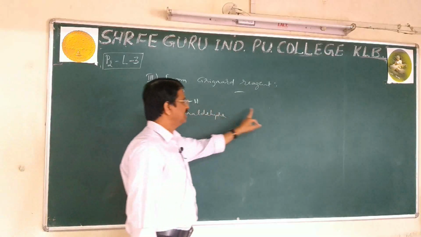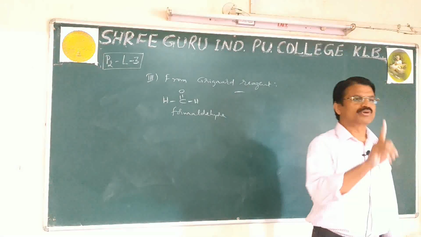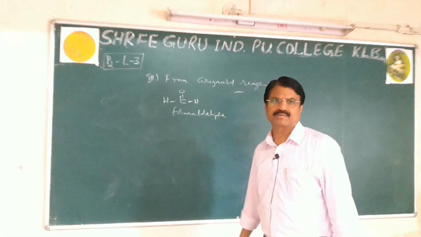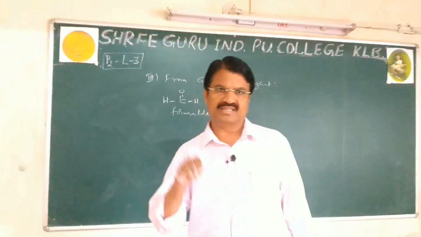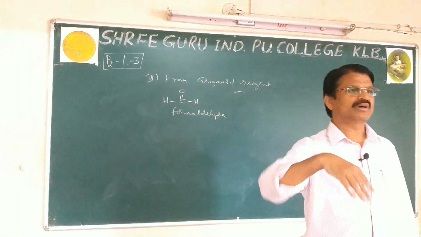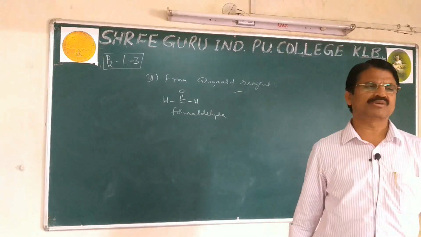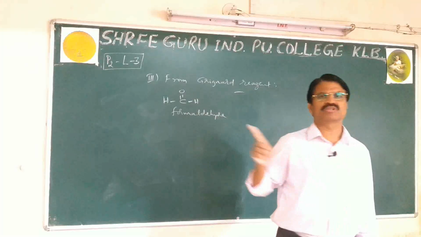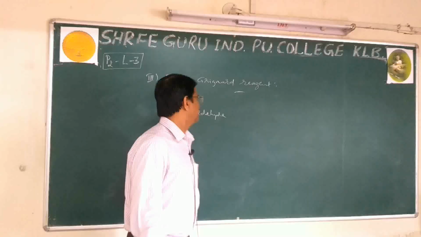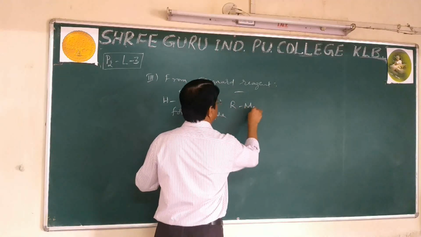Among these four compounds, only formaldehyde can give primary alcohol, and the remaining three types, aldehyde, ketone, and ester, can give secondary alcohol or tertiary alcohol, but they cannot give primary alcohols. Now I will tell you how to prepare primary alcohols from formaldehyde and Grignard reagent. Okay, addition of Grignard reagent, RMgX.